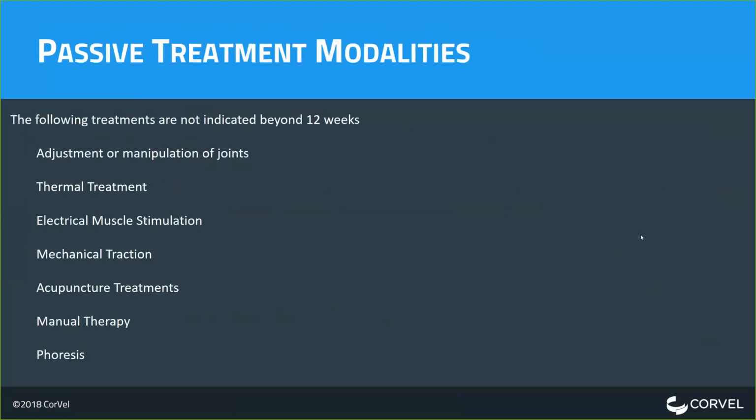So for instance, the following treatments are not indicated beyond a maximum 12 weeks of treatment. So adjustment or manipulation of joints, thermal treatment, EMS, mechanical traction, acupuncture treatments, manual therapy, and phoresis.